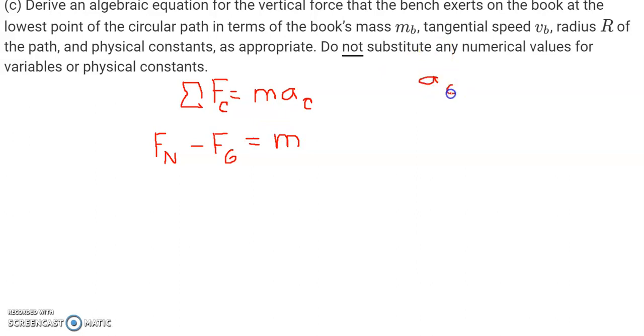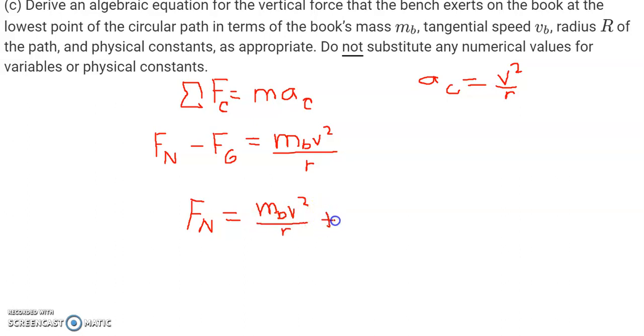Remember, the centripetal acceleration, this is on your equation sheet, we can replace it with v squared over r. So this is v squared over r, and this is the mass of the book. Perfect. Now we just have to rearrange for the normal force. That means the normal force equals m v squared over r plus, that's right, because we'll move the force of gravity to this side, plus mg.